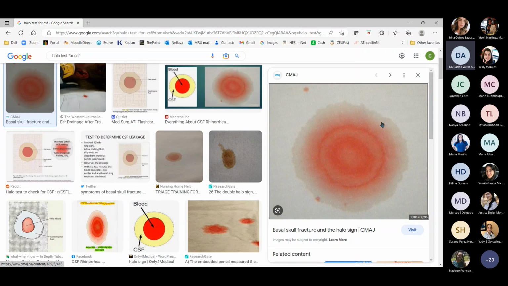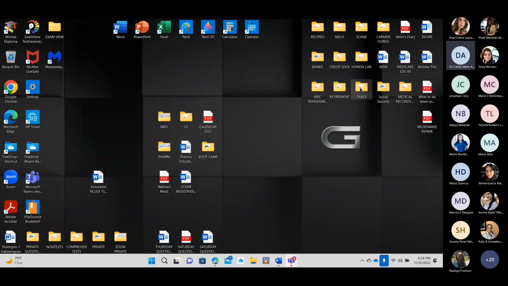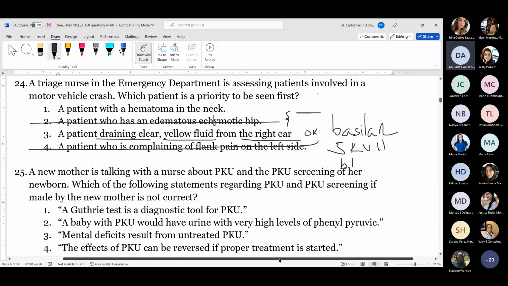Now we have a patient with a suspected skull fracture. What can happen to this patient? Can a patient with a skull fracture be stable? Yes or no? Why? Because as far as I know, the skull has no function except to protect the brain.